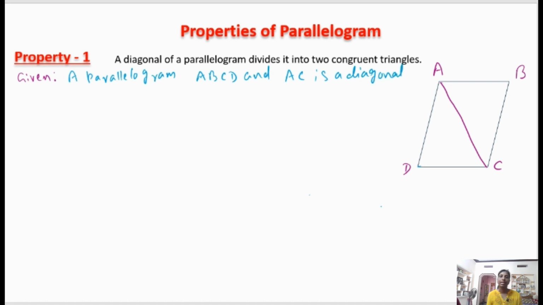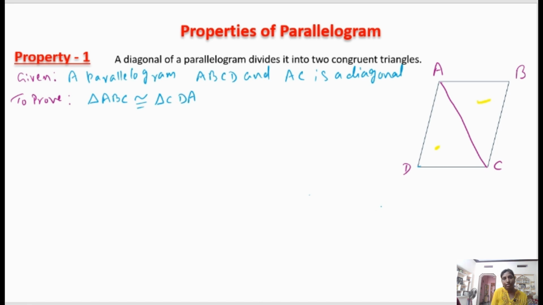Now we have to prove that this triangle is congruent to this triangle. It means we have to prove triangle ABC is congruent to triangle CDA.